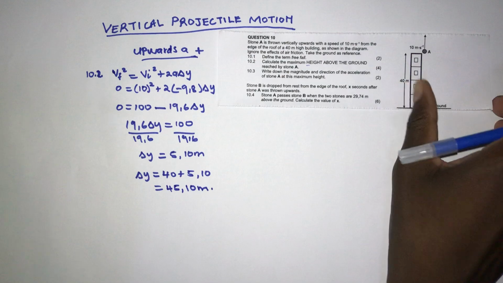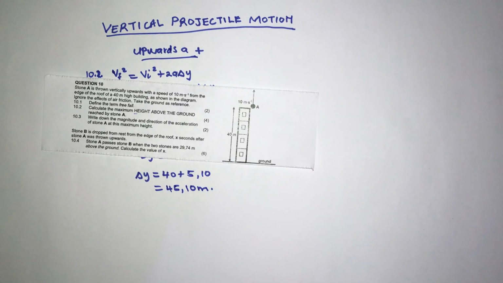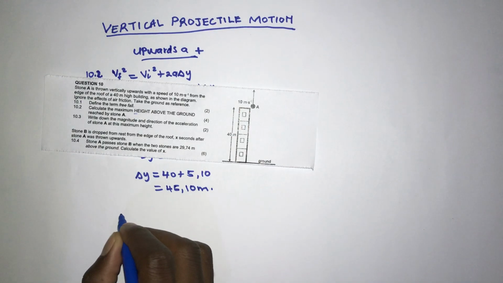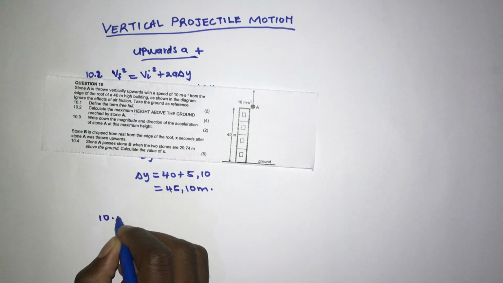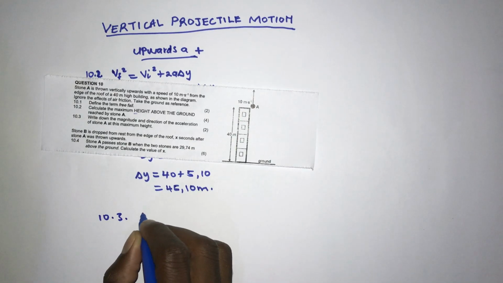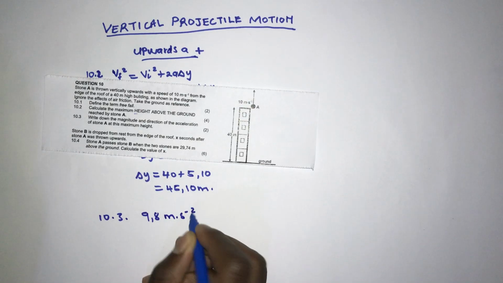Now the second question. Write down the magnitude and direction of the acceleration of stone A at this maximum height. So 10.3, acceleration at the maximum height is 9.8 meters per second squared.